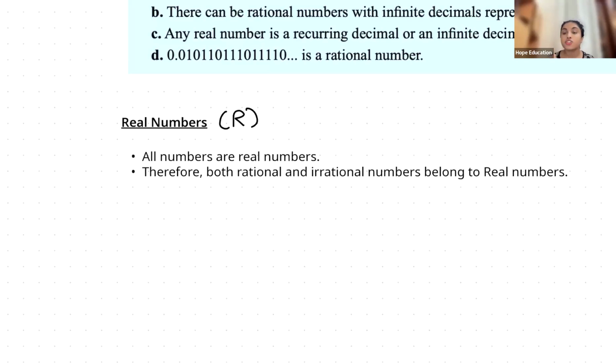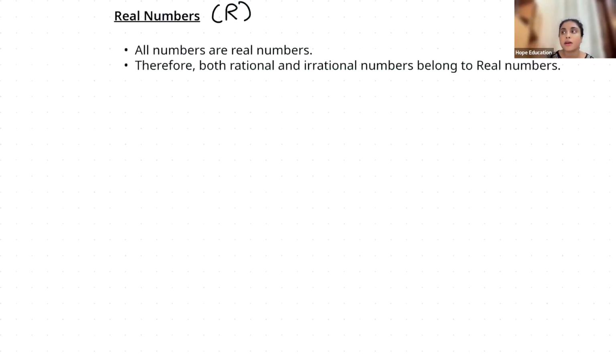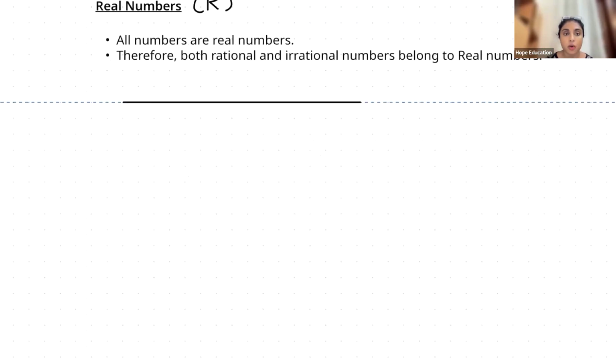Okay. So, if we say all numbers are real numbers, I'm going to show real numbers, rational, irrational, all using a Venn diagram. If I use this square to represent all the real numbers, as I said previously, real numbers are all numbers.